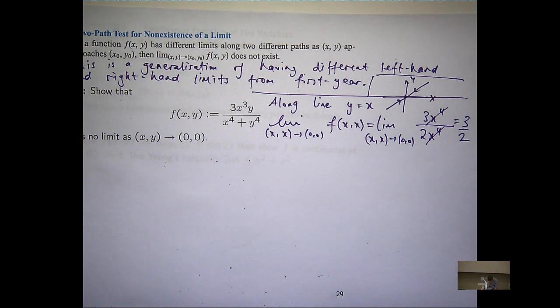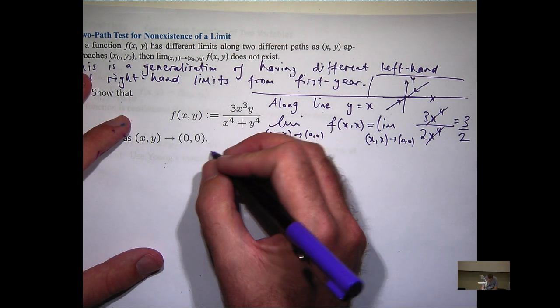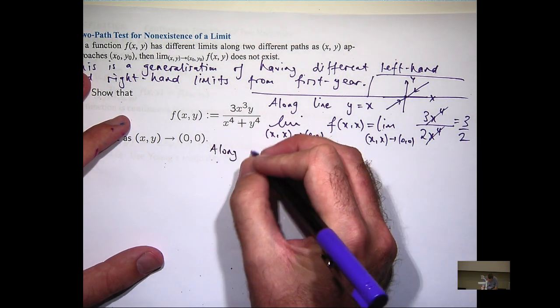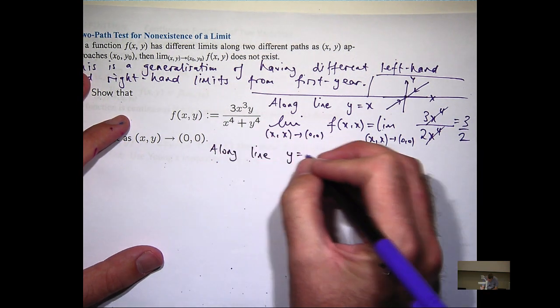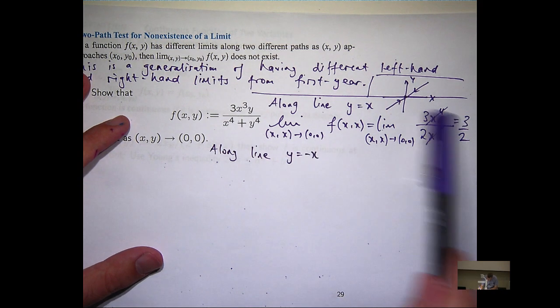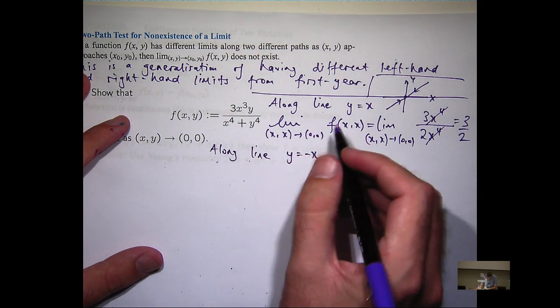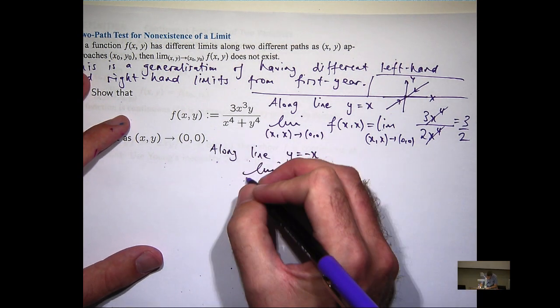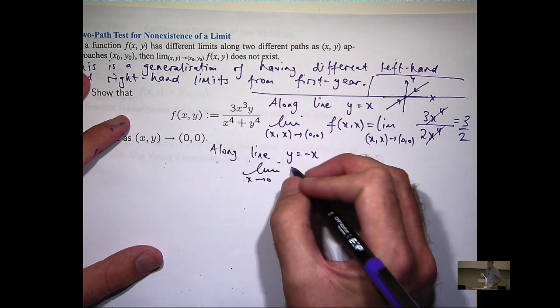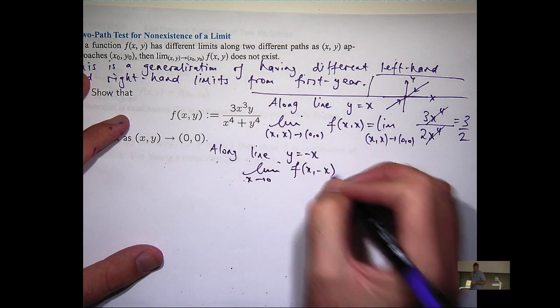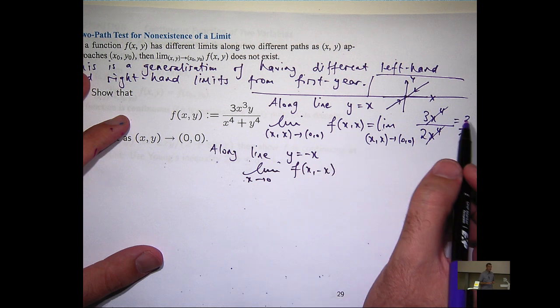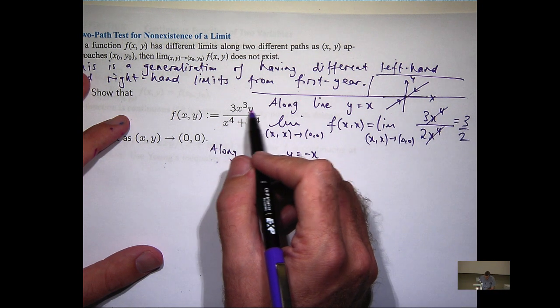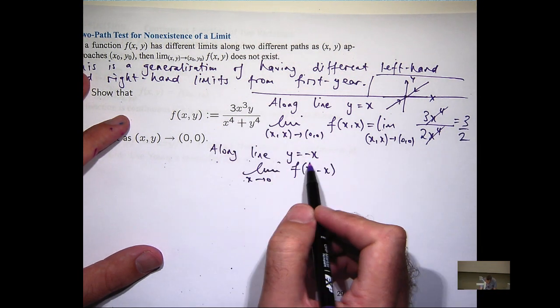Let's just choose another simple line, say y equals minus x. Well, you do the same thing, and you're going to get the cancellation, but you're going to get a minus up the top, okay? Because you'll replace y with minus x.